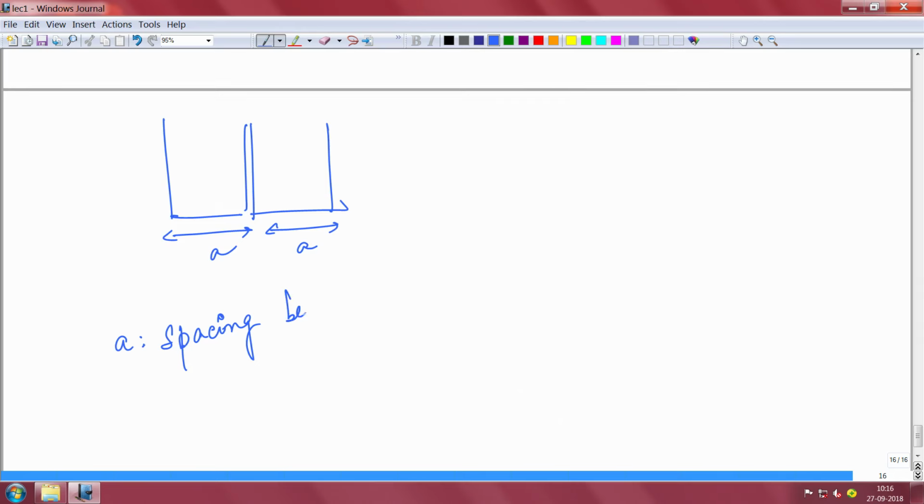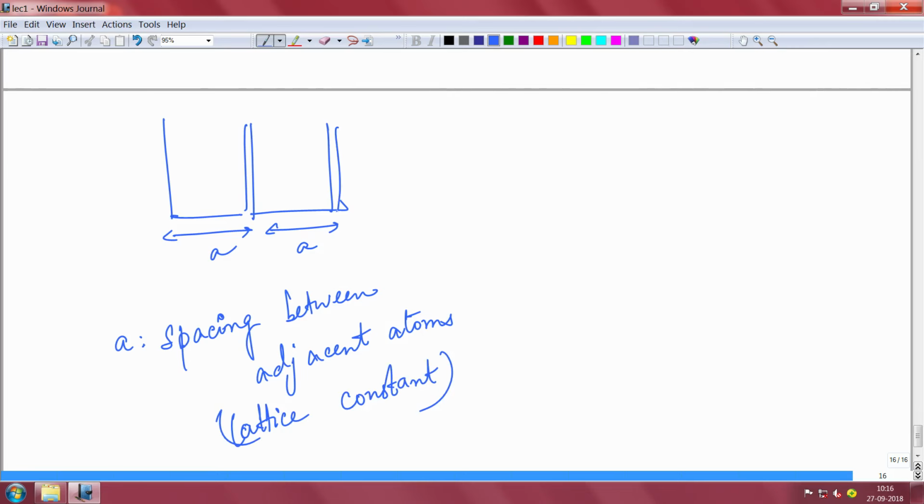So you have this infinitely deep potential, and these are delta functions, where the nuclei of the atoms lie, like delta spikes, and you have this periodic potential.